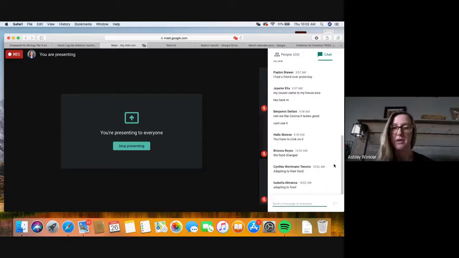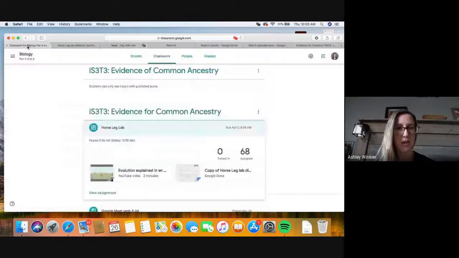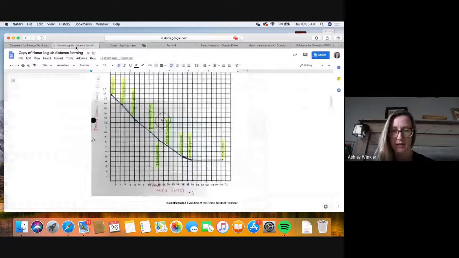So as food within its environment was changing, those horses that were most well adapted to the environment were the ones that were able to survive and reproduce, right? But the ones that didn't have well adapted teeth to eat the food available are the ones that are going to die off and not be able to survive and reproduce. So there's the graph right there.